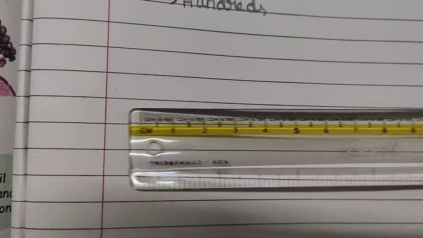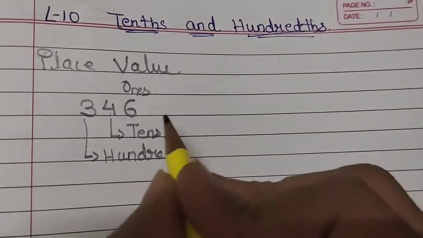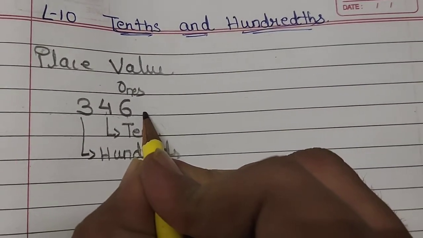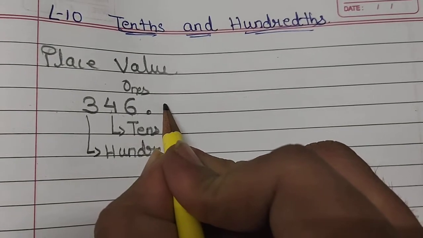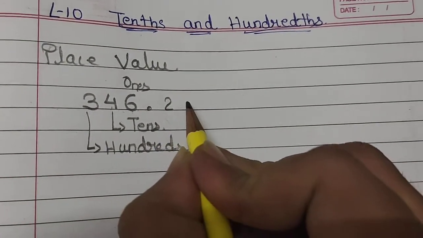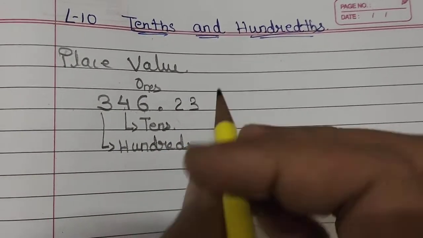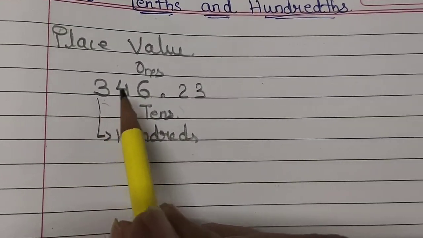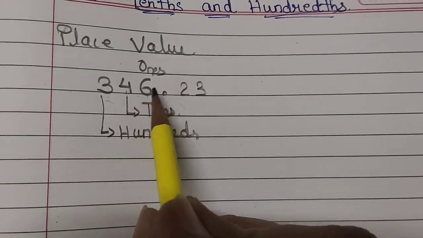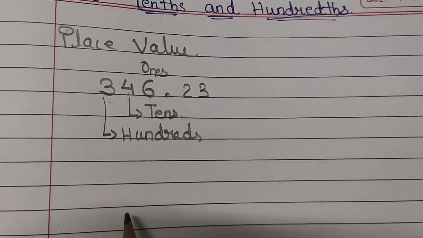See students, in the previous number, if I put a point here, which we call a decimal, and I write 2, 3, then how do we read this? 346.23.